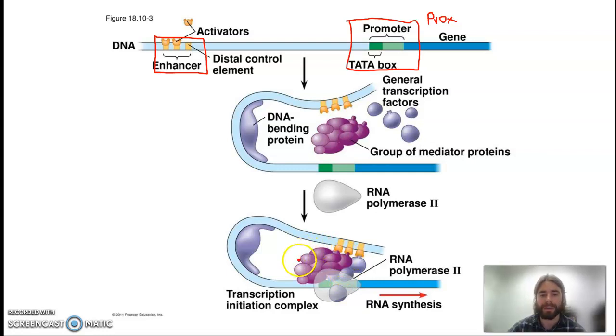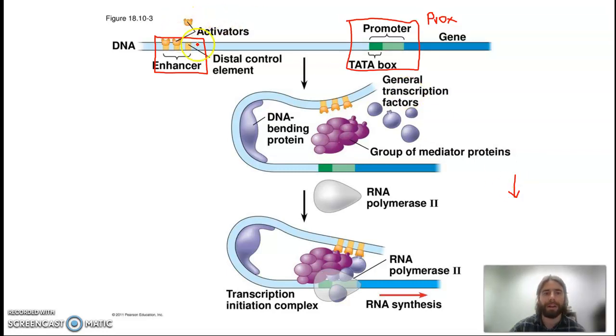And it's not until all of these things come into contact with the promoter region that RNA transcription can take place and polymerase can do its job. And so in this transcription initiation complex, in the absence of any of these proteins, the rate of transcription will go down, and the effectiveness of transcription will decrease.